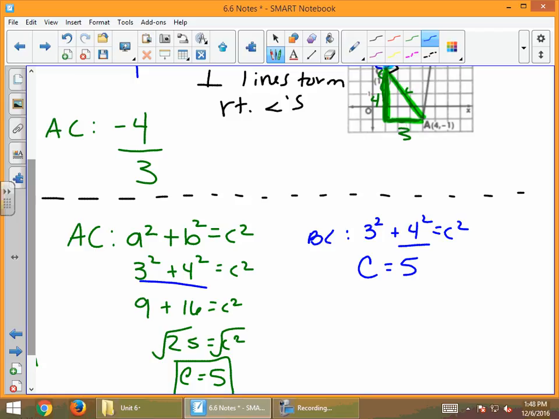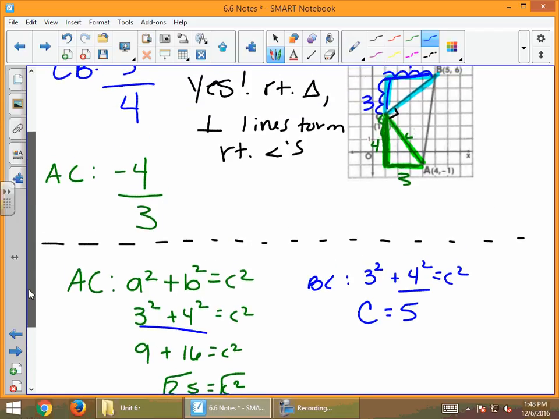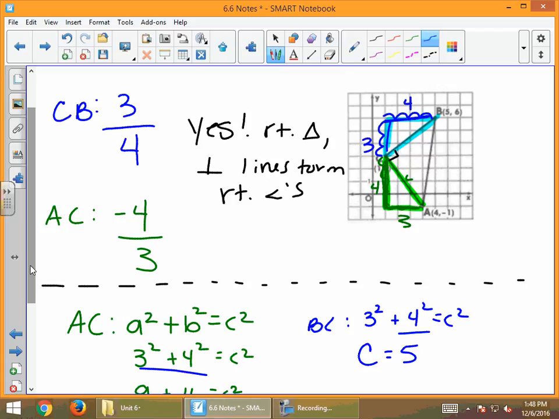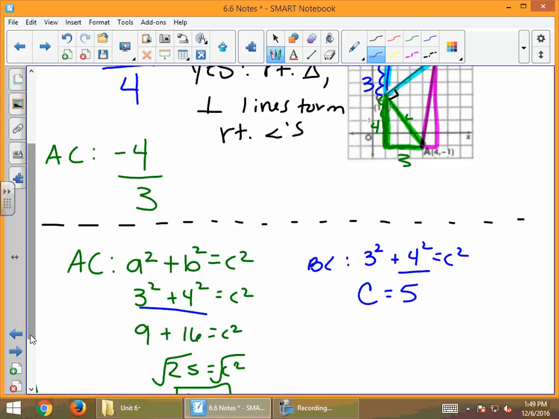Let's find AB. Just for the sake of practice, if it just said to see if it's isosceles, it could be trying to trick you and be equilateral, so find the distance of all sides. Here's our triangle for AB. You can use that, because we already got the other sides of the triangle.